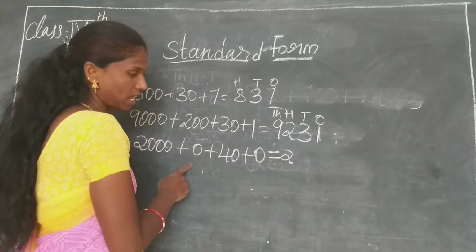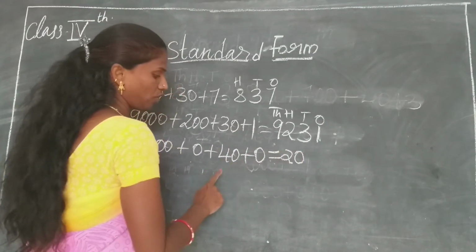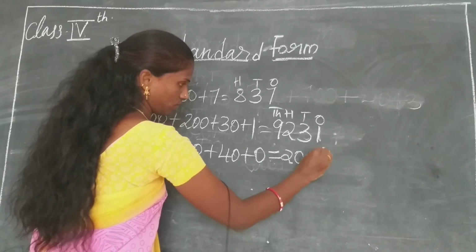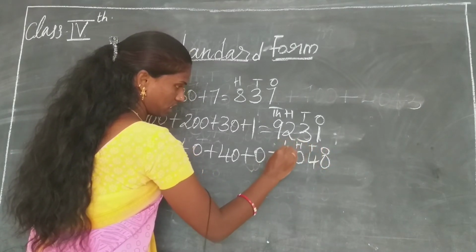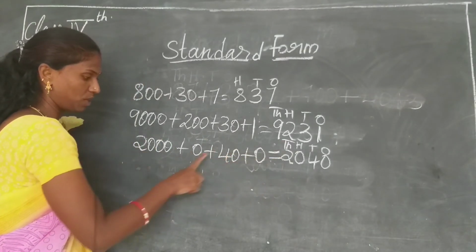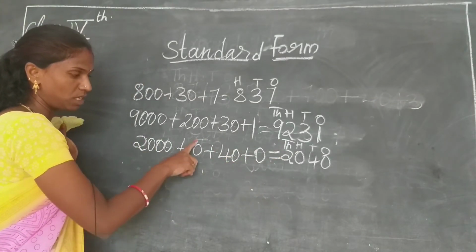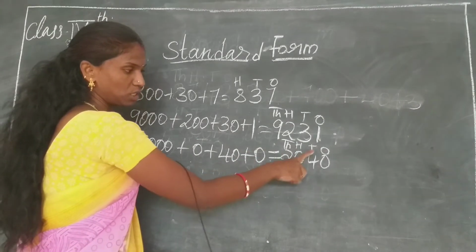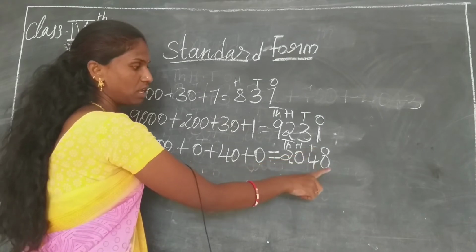Here 0 is there, as it is we have to write 0. Here 40 is there, 4. Here also 0 is there, 0. Ones, tens, hundreds, thousands. So 2000, we write 2 in the thousands place. Nothing is there in the hundreds place, so as it is we have written 0 here. 40 is in the tens place, so 4 is in the tens place, 0.